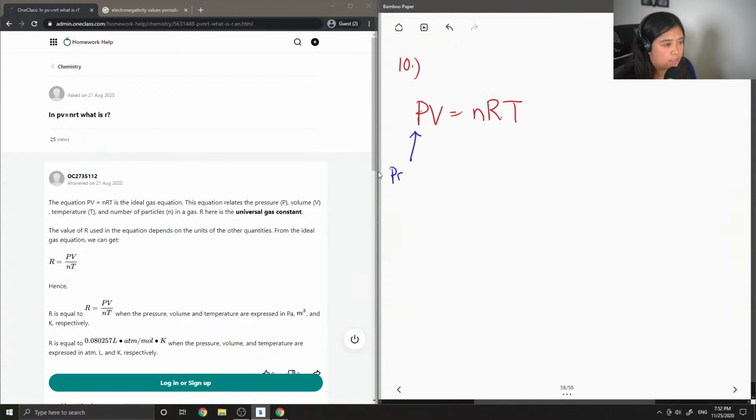The P stands for pressure. The V is volume. N is number of moles. R is what we call the gas constant. And T is temperature.